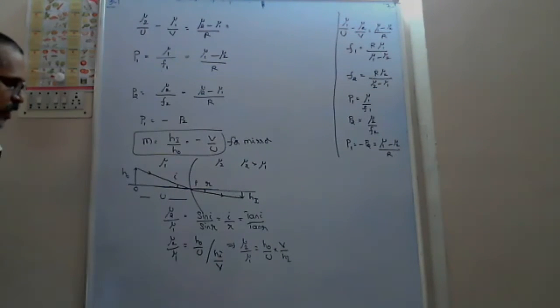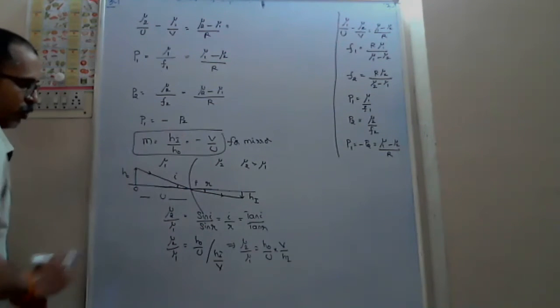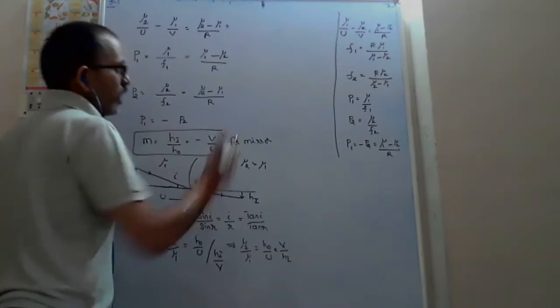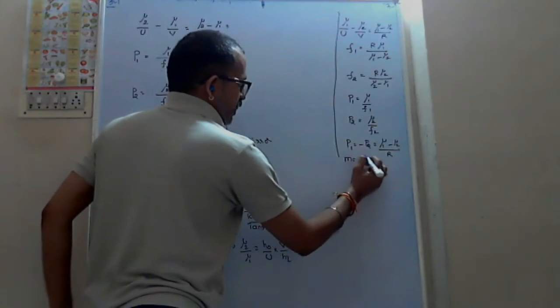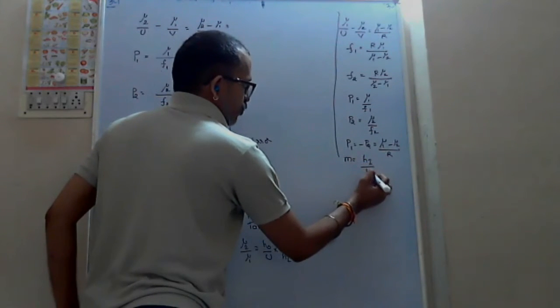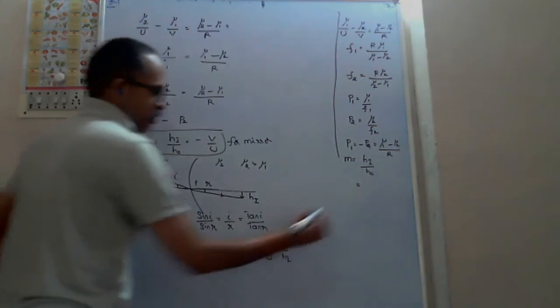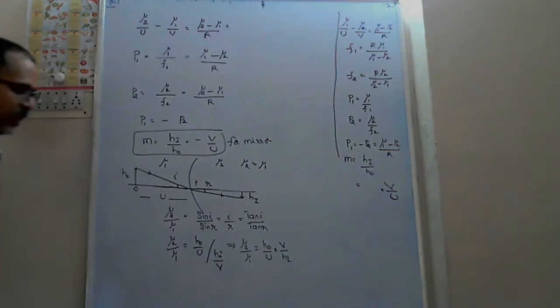Taken to the numerator. But the magnification formula is HI by HO, so I am taking HI and HO to the left hand side. So I am getting one more formula here: magnification HI by HO equals V by U into how much am I getting?